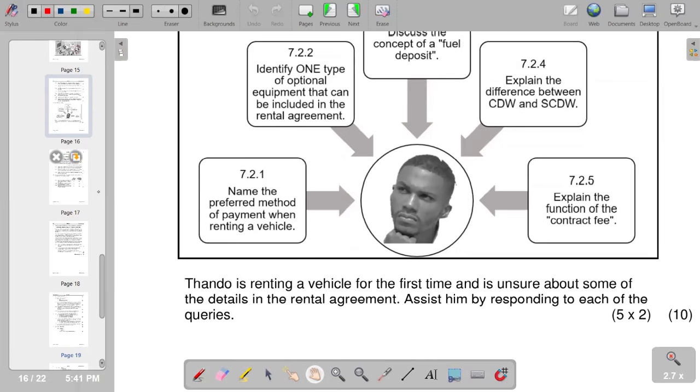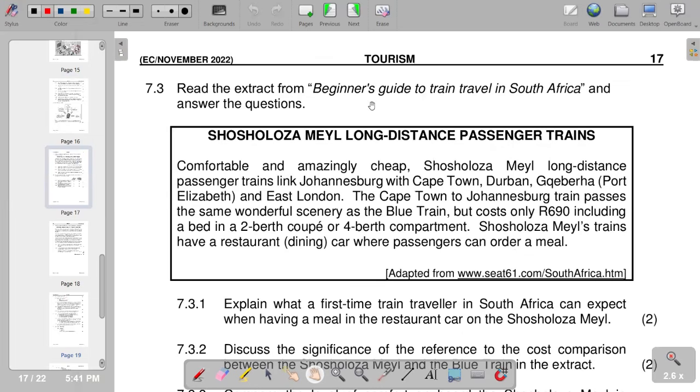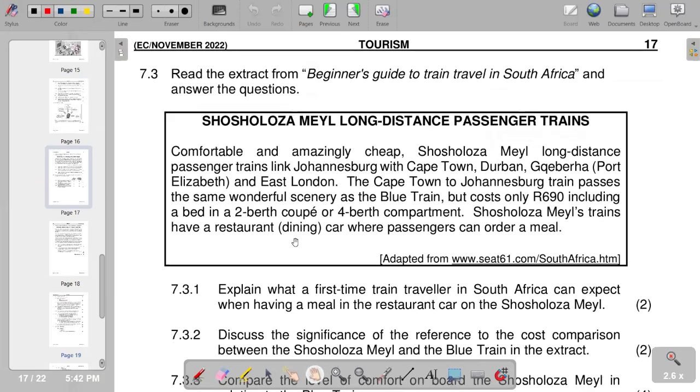For the next part now is 7.3. Read the extract from a beginner's guide to train travel in South Africa and answer the questions. Then we are given the Shosholoza Meyl long distance passenger train. So we've got information that we need to go through.